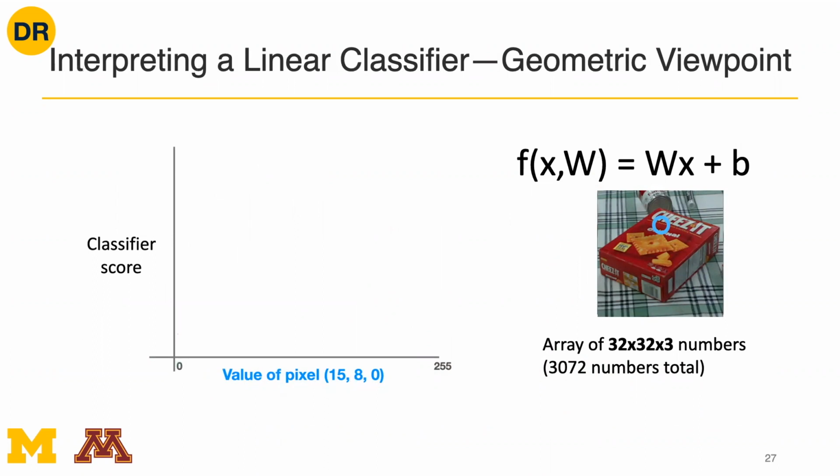For instance, let's say we are considering only one pixel of the input image, and that pixel is taken from position 15,8 for the first channel, which is the 0 channel, the red channel here. And let's say we are looking at the classification scores from a learned linear classifier. The value of the pixel could be 0 to 255 or 0 to 1, depending on how you normalized your values.